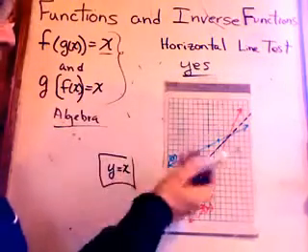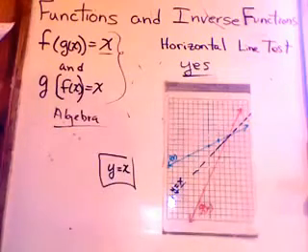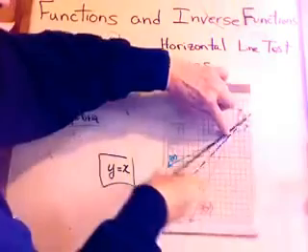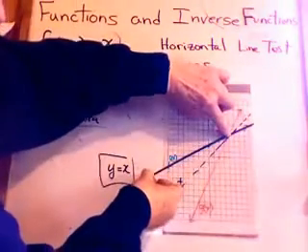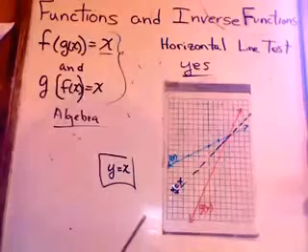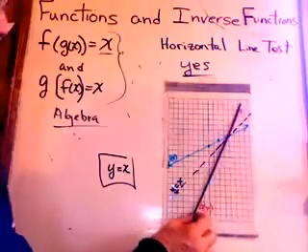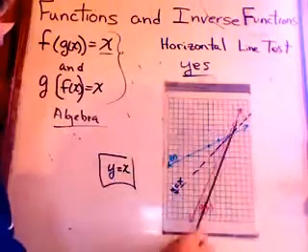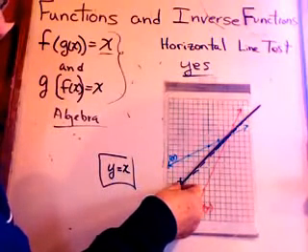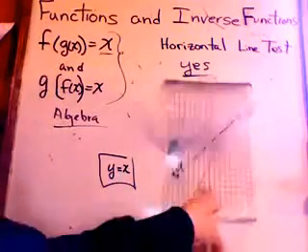If I can take my function and flip it about that line and get the exact same function on the other side, the functions are inverses of each other. This is kind of a hard test to do. You draw one function and then plot the points of the other one, and put in the y equals x line and see if they're mirror images of each other about that line. That one, it's pretty easy to see.